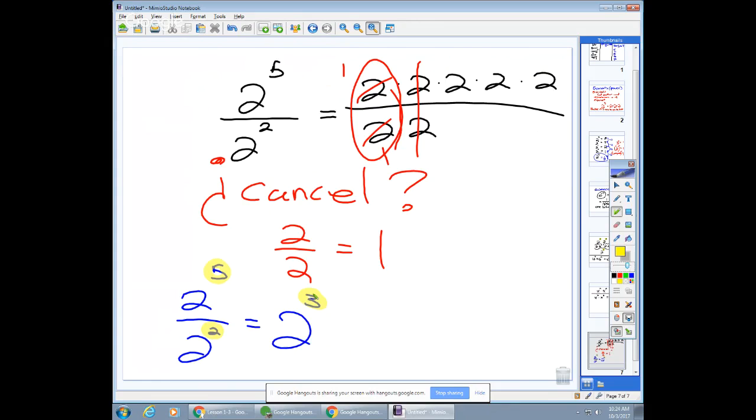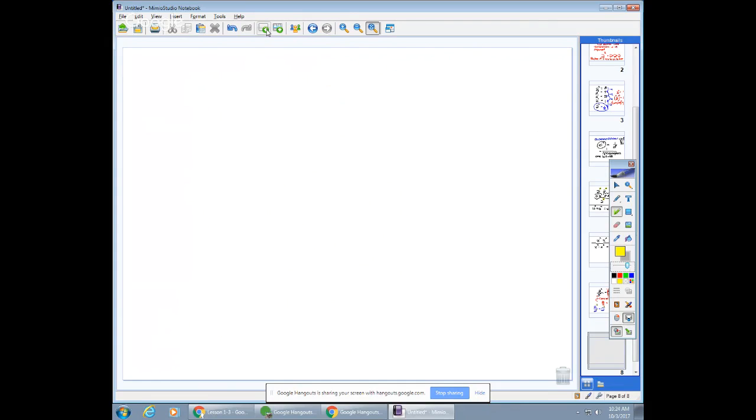Okay, so I'm going to write that rule down in terms of x's, just to get you used to a little more algebra. So if we have x to some power n, x to some other power m, same base, the fraction disappears. And then we just subtract those exponents.